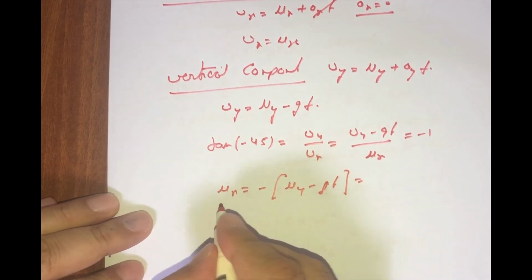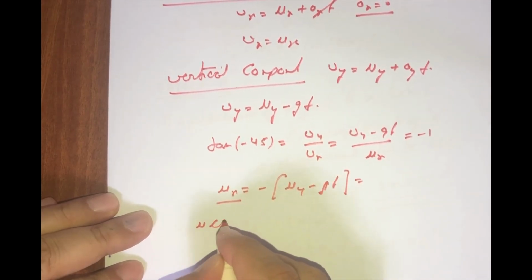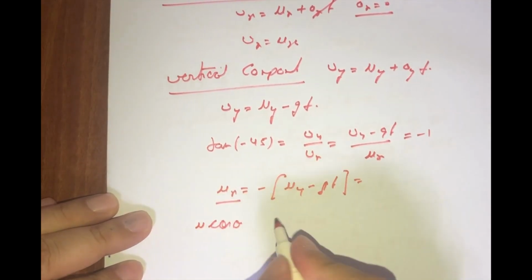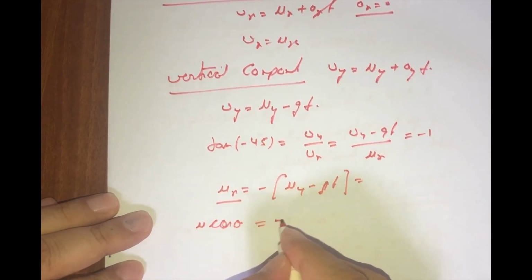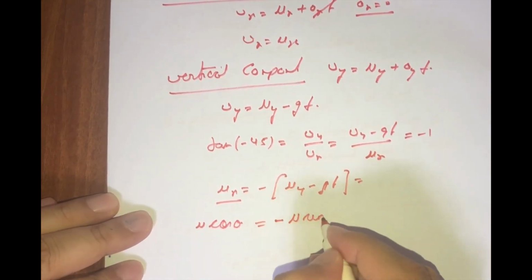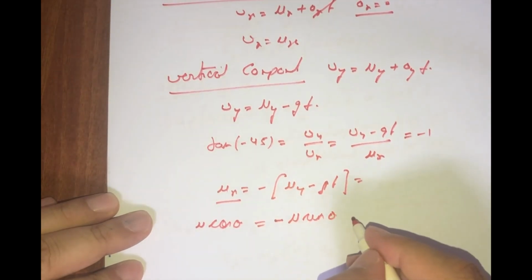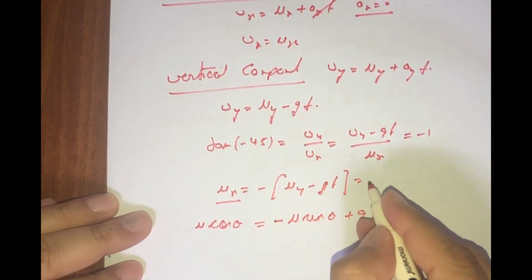If we put the components, we get u cos of theta is equal to minus u sine of theta plus gt.